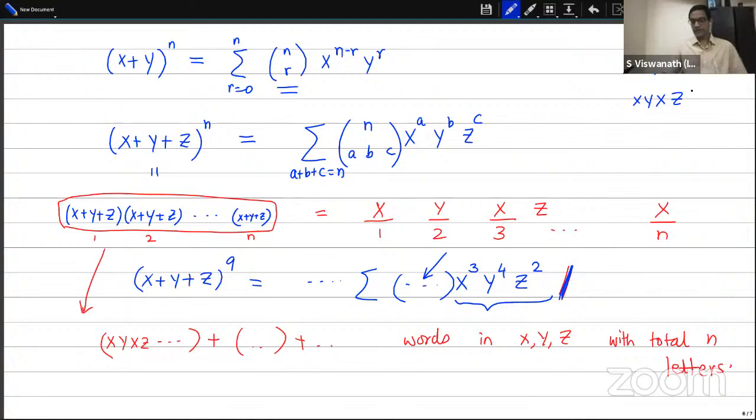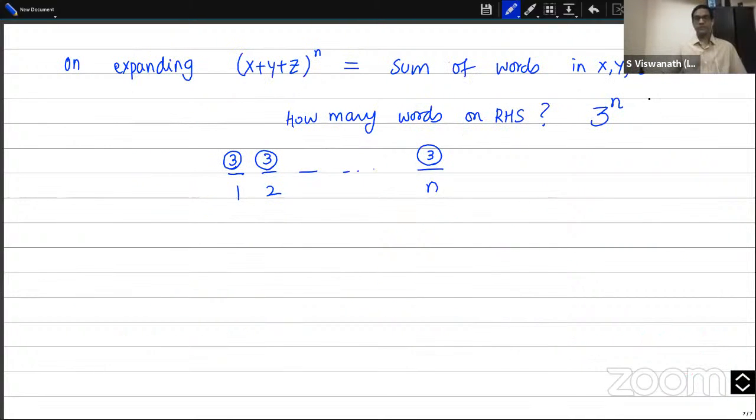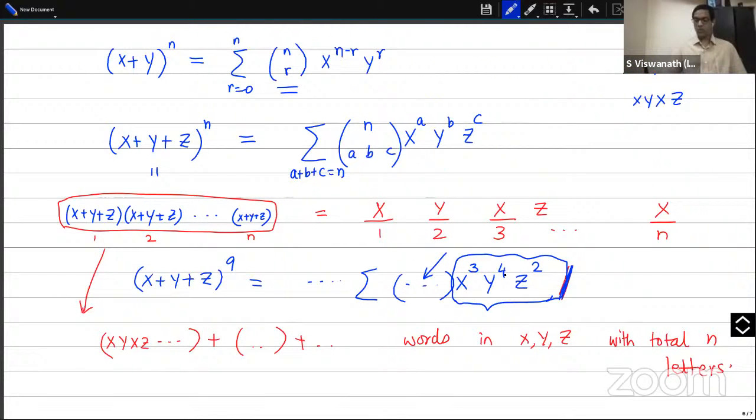So finally, after expanding and collecting coefficients, we are asking what will be the coefficient of x cubed y power 4 z square. Another way of saying it is how many different words would appear in this expansion which contain 3 x's, 4 y's, and 2 z's, right? Because each such word I can put the x's, y's, and z's together to form this monomial.